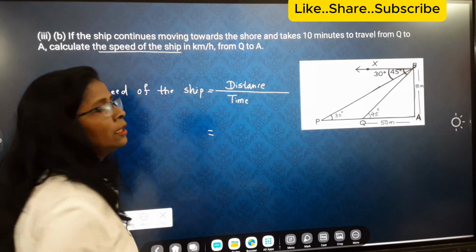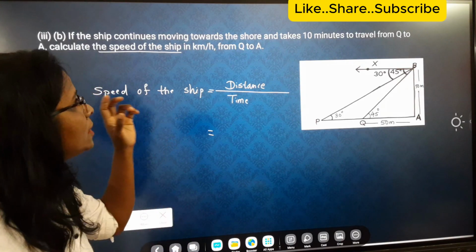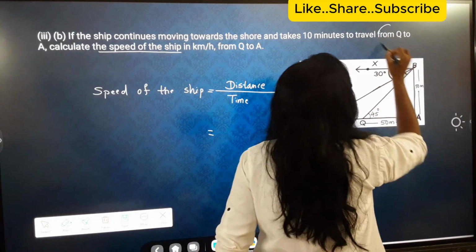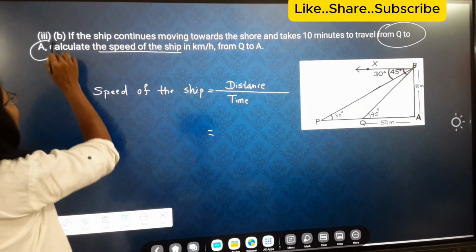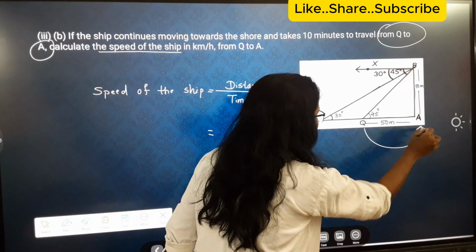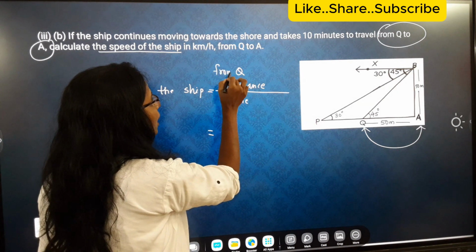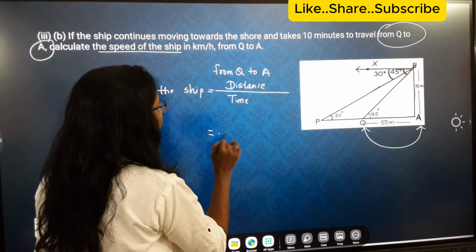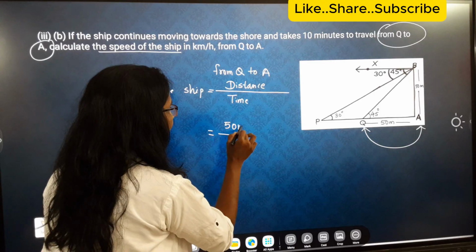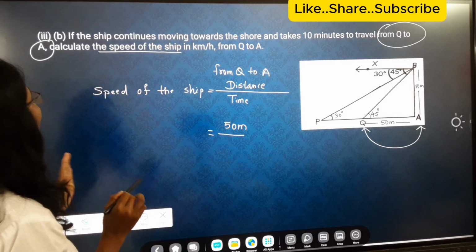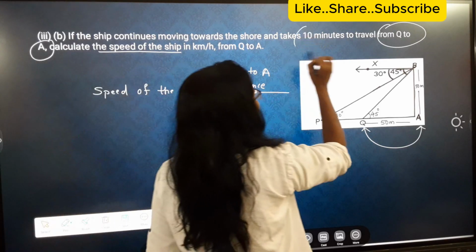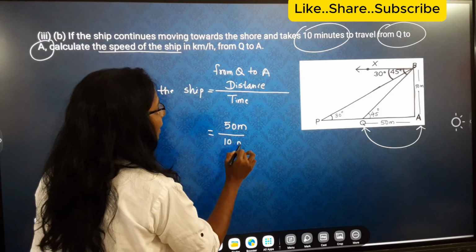And the distance is from Q to A, that is from here to here, and the distance is 50 meters. And the time is given, that is 10 minutes.